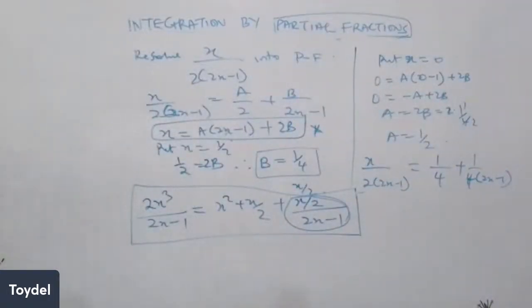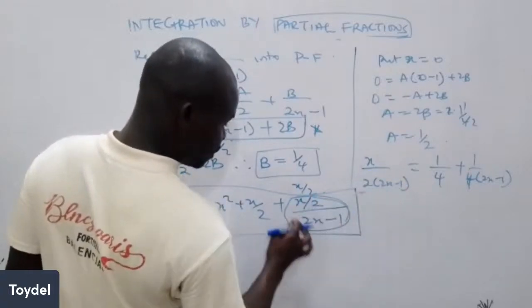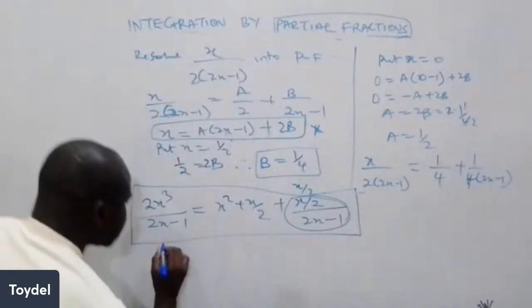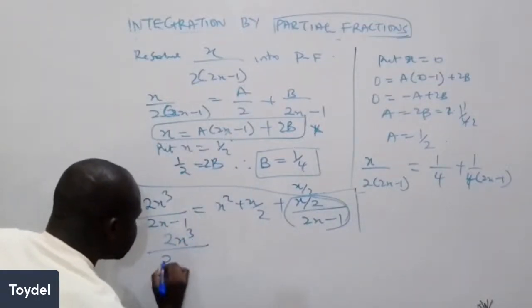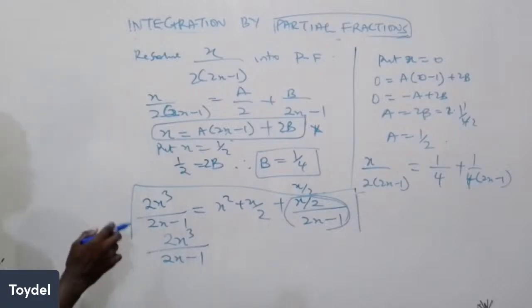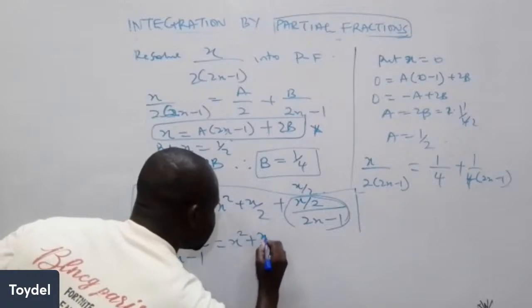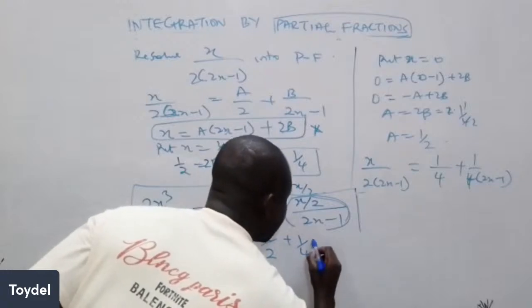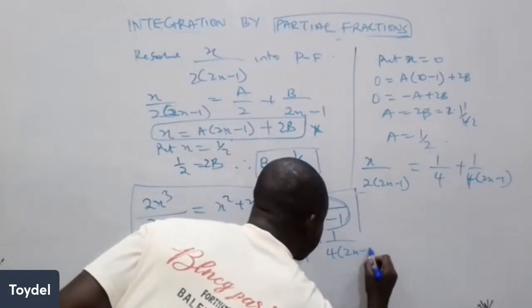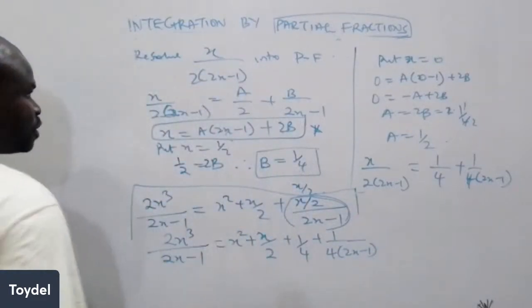So everything that I have here, I will change to this expression, so that at the end of the day, 2x cubed all over 2x minus 1, which is the integrand, what we want to integrate, will now be equal to x squared plus x all over 2, plus 1 all over 4, plus 1 all over 4 into bracket 2x minus 1. That will be the expression for this.